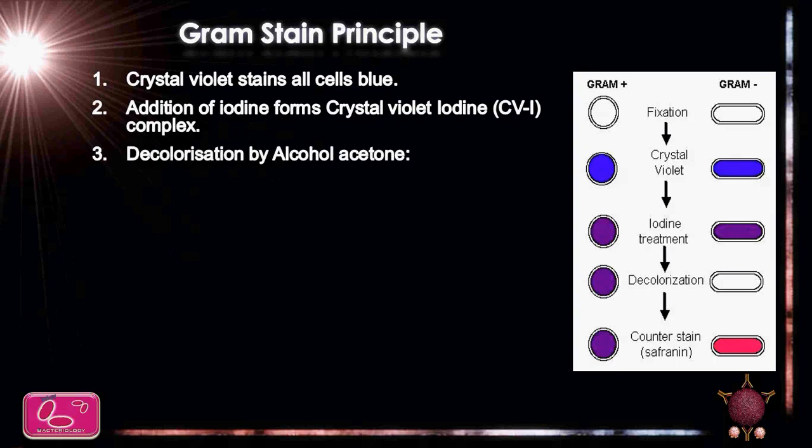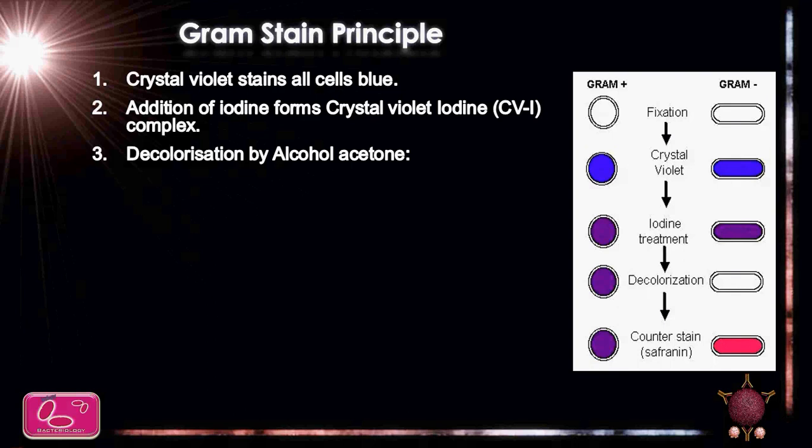The principle here is that in gram-positive bacteria, as you remember from the first lecture, the cell wall is composed of multiple layers of peptidoglycan. That is to say, the crystal violet iodine complex will be strongly fixed.